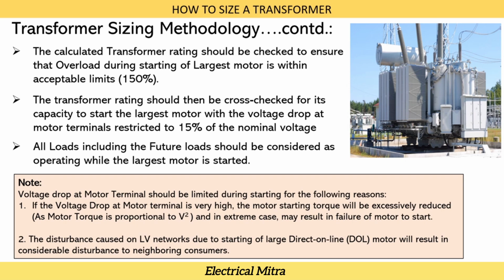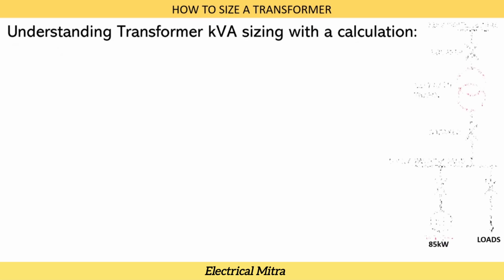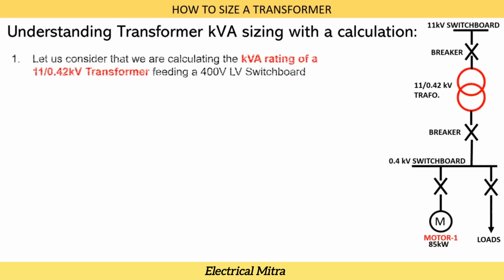And in extreme cases, this will result in failure of the motor to start. Also, the disturbance caused on LV networks due to starting of the large direct on-line motor will result in considerable disturbance to neighboring consumers. Let us now understand the transformer kVA sizing with a calculation.